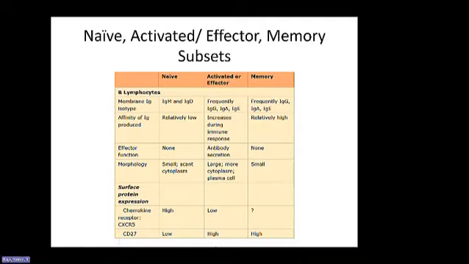We typically use it to define memory B cells along with some other markers. So they also have on their surface IgM and IgD if they are mature. So mature naive B cells will have IgM and IgD on their surface. Compared to activated effector or memory B cells, they may have switched their class, and so they may have G, A, or E on their surface.